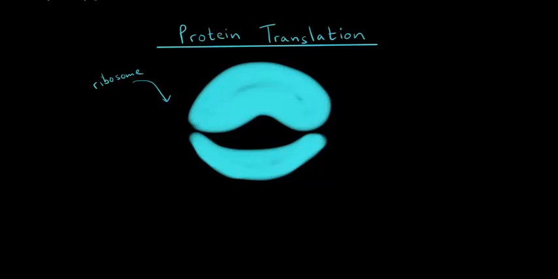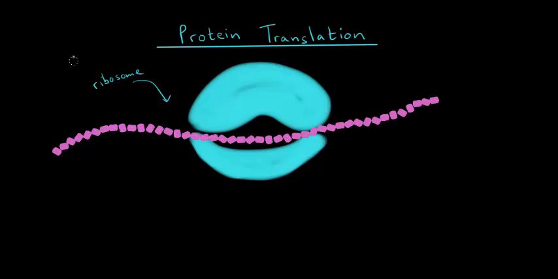And so let's recap. So protein translation is the process by which we're going to take a piece of mRNA and we're going to run it through the ribosome. And then the ribosome is going to put together the corresponding chain of amino acids known as a polypeptide.